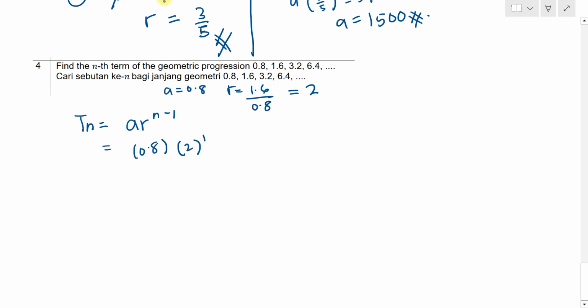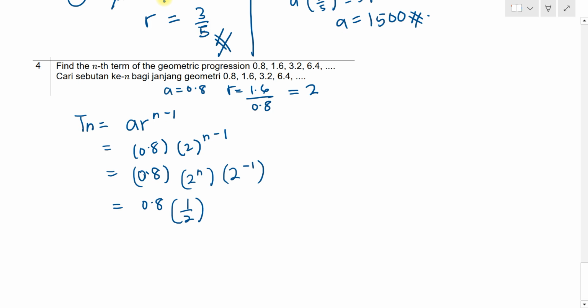R is 2, to the power n minus 1. So you all know, just solve this equation. So 2 to the power n minus 1 means 2 to the power n and then 2 to the power negative 1. Right? Then you simplify a bit. 2 to the power negative 1 is 1 over 2.